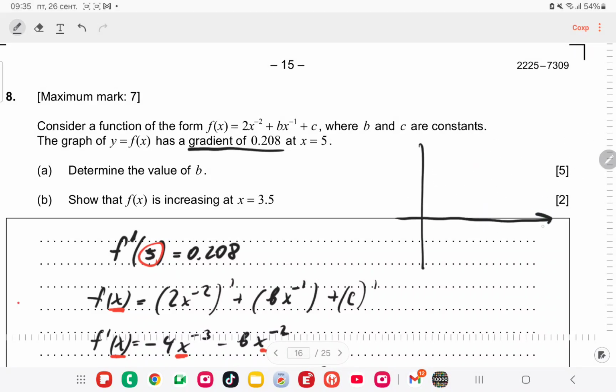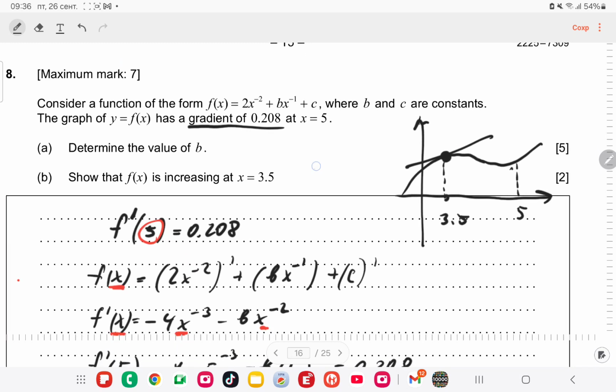So let's say that this is x, this point is 5, and this point is, let's say, 3.5. We have to show that our graph is increasing at this point. It means that we have to show that f prime of 3.5 is positive. This is the only thing that we have to show here.